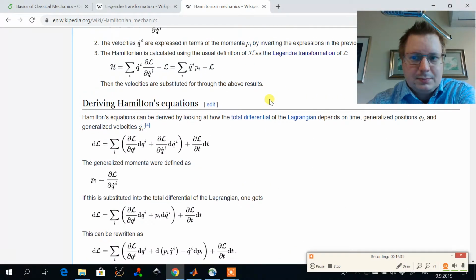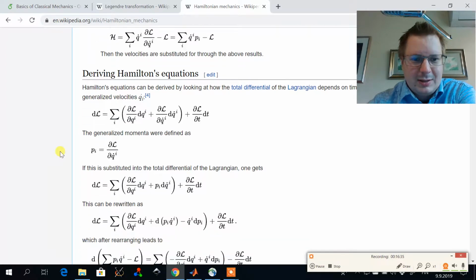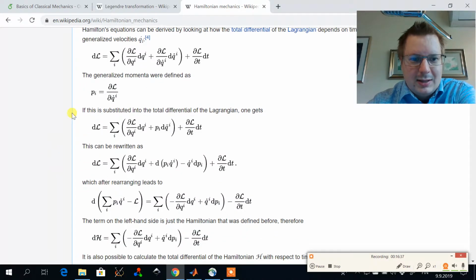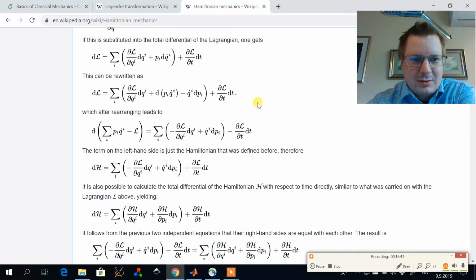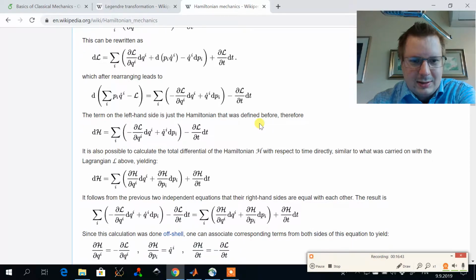So here's the derivation of Hamiltonian's equation. You can see that it's relatively lengthy and based on variational calculus and some insight of what to do.